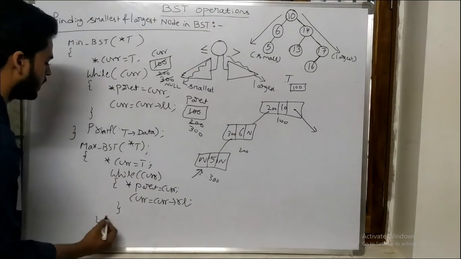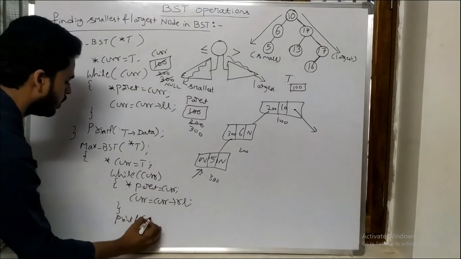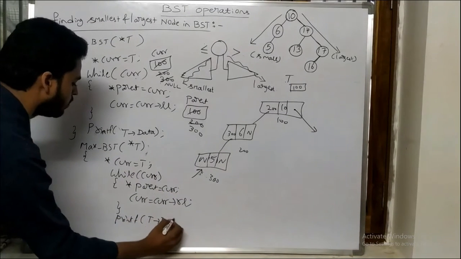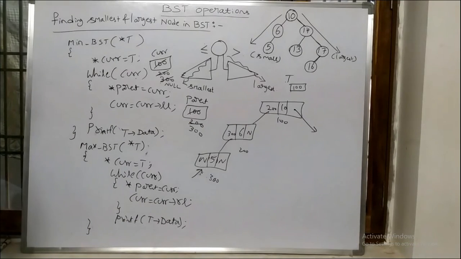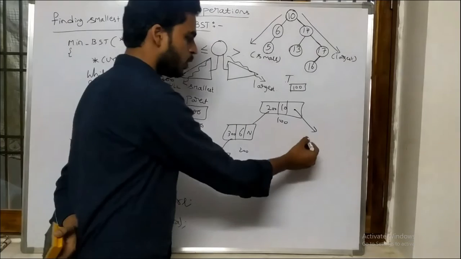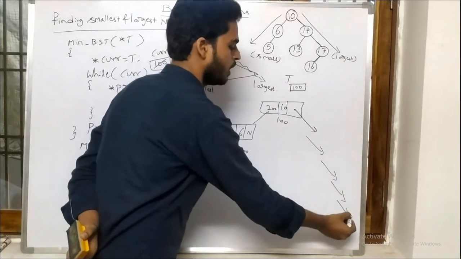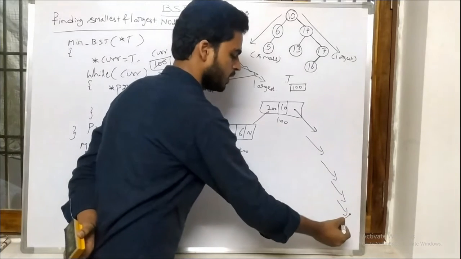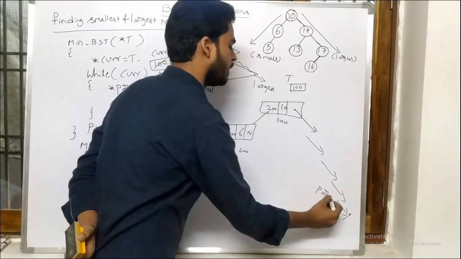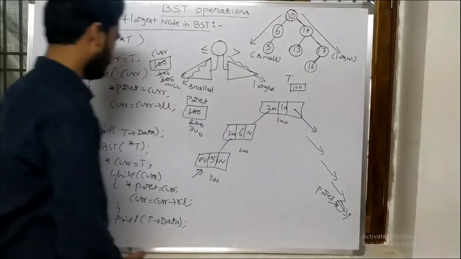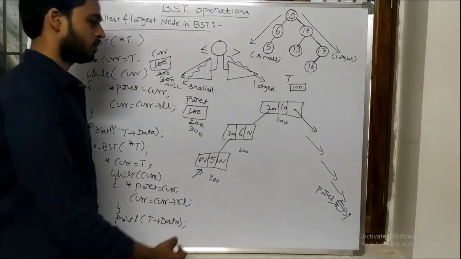Once I reach the end, I am going to make a printf of t's data. Every time I traverse to the right side, right side, right side, then I encounter a null. Then I will stop my process. Then this node is pointed to by the parent node. Then I am going to print that parent node's data. Okay. Fine. That's it.